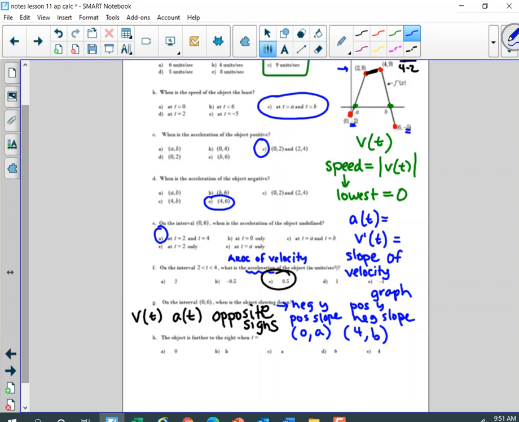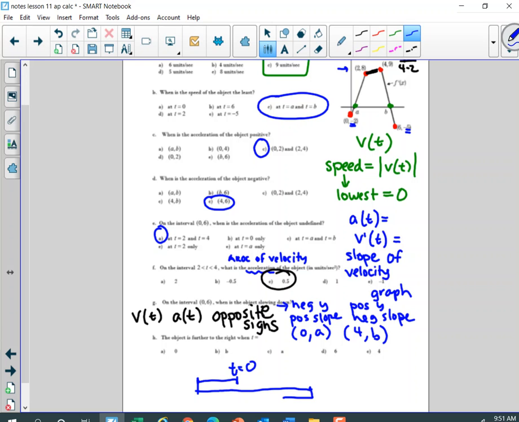From time 0 to time A, I'm going to move left. So if this is time 0, the first thing that happens is I move left. And then from time A to time B, I move right. And then from time B to time 6, I move left.